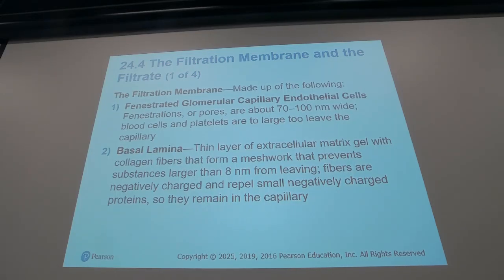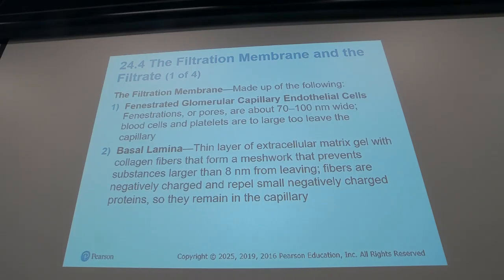So, details about the filtration membrane that we have in the glomerulus. Just like the respiratory membrane, we have a membrane with 3 layers: 2 epithelial layers sandwiching a basement membrane.